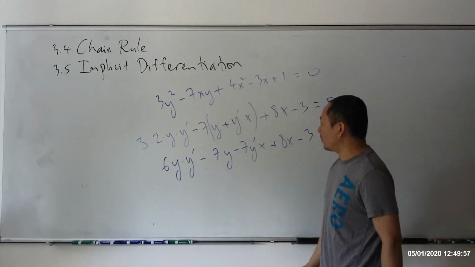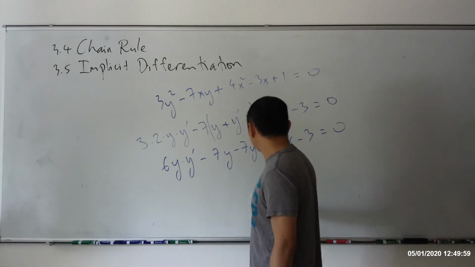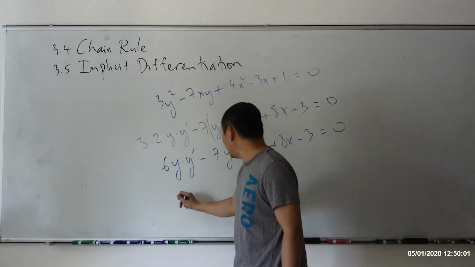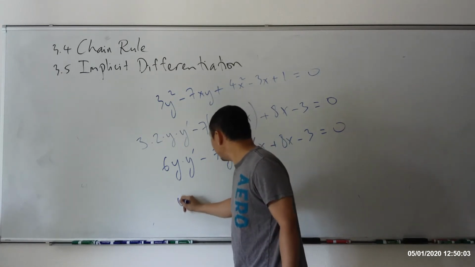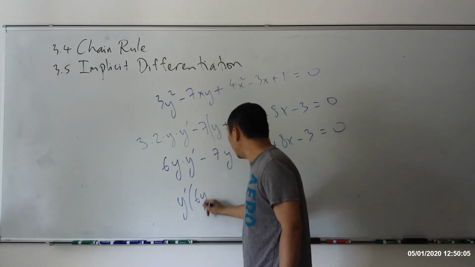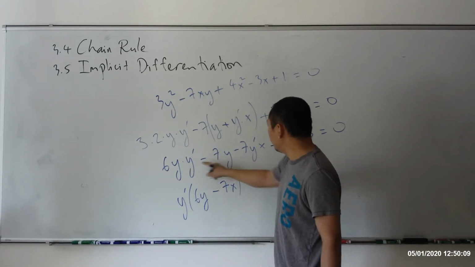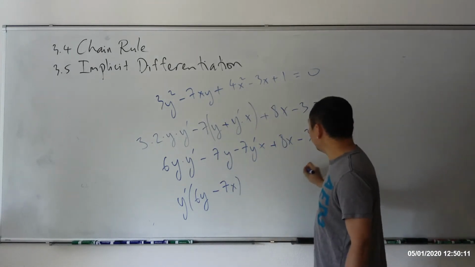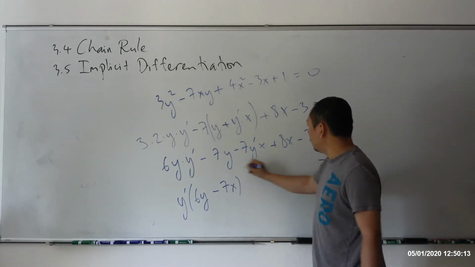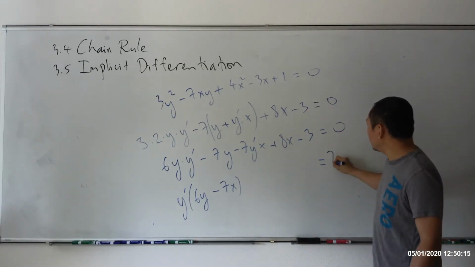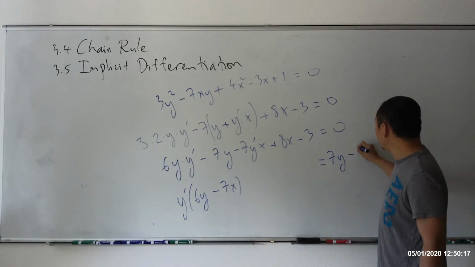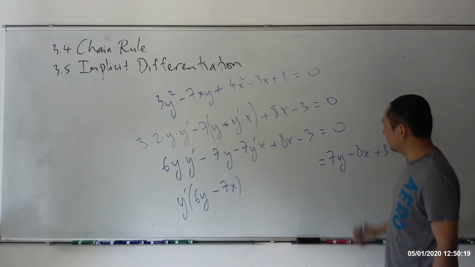To solve for y prime, you're going to group the y prime terms together. Factor out the y prime: 6y, the first term right here, minus 7x. And then bring all the other terms without the y prime to the other side. So 7y minus 8x plus 3. Okay?